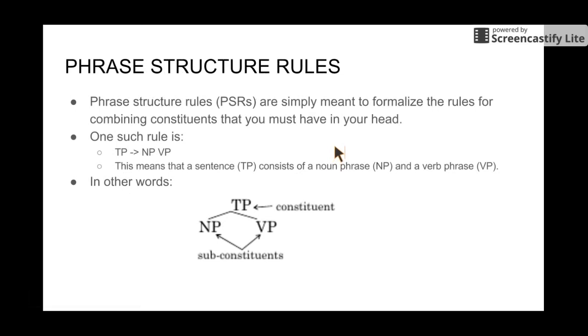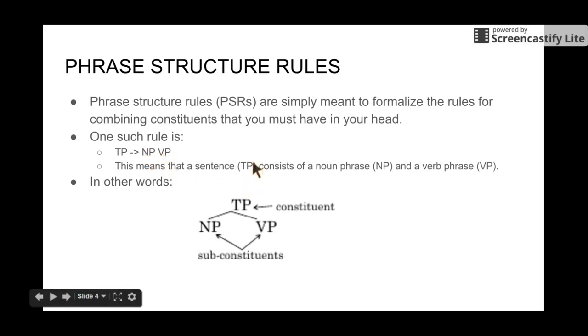So there are some formal rules for us to combine constituents to make a bigger constituent. So a rule could be something like this: TP, a tense phrase, is composed of NP and VP.